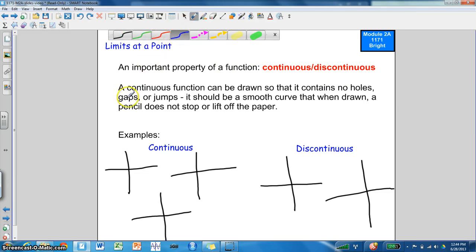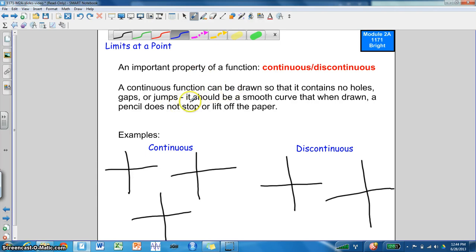So if I were to draw a continuous function, it should be drawn so that there's no holes, gaps, or jumps. A gap is a change in domain values, so there's a chunk of the domain that is missing, and a jump I'm defining to be a gap in the range values.